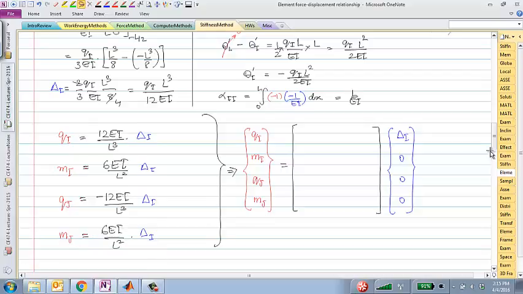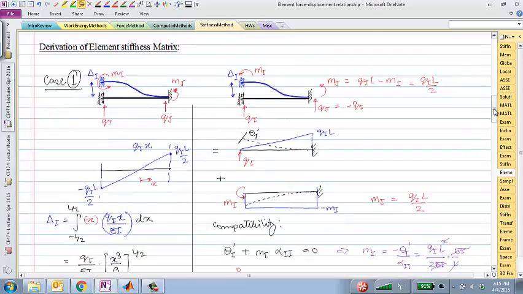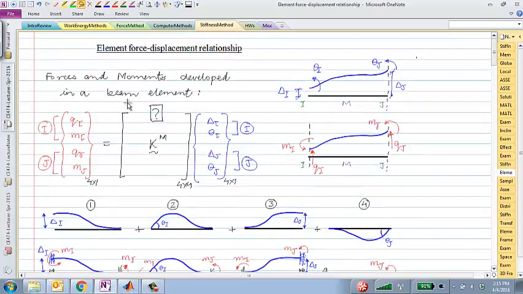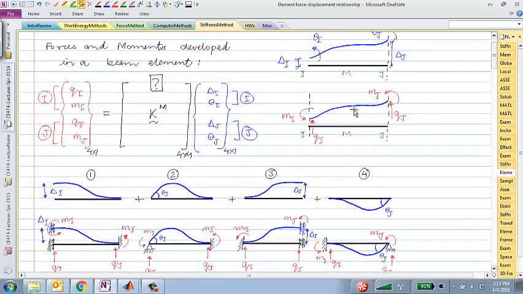Okay, how did we come up with this? We said that ultimately we are looking at this relationship. We want to find out the relationship between these four forces and moments and these four displacements and rotations. We said we will express this configuration as a linear combination of these four configurations.